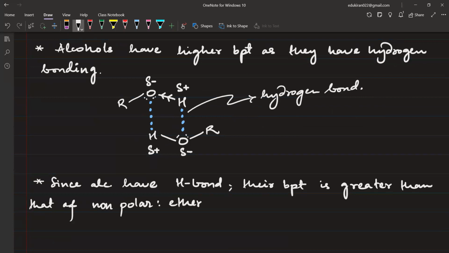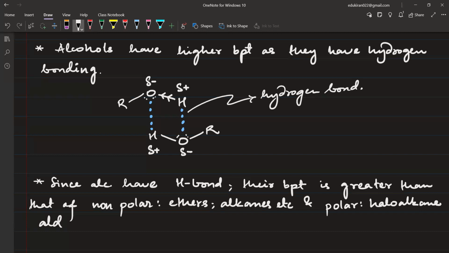Ethers, alkane, etc. And polar, what can be polar? Haloalkane, aldehyde, ketones. Okay, all of these can be, and alcohol's boiling point is greater than non-polar as well as polar molecules.